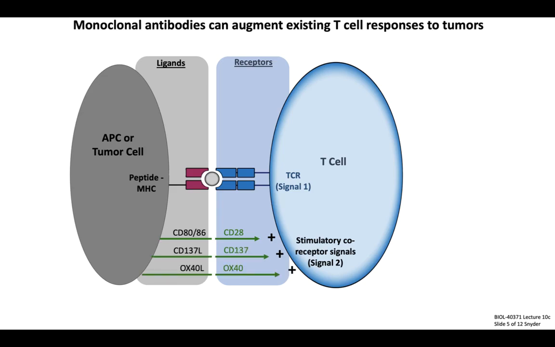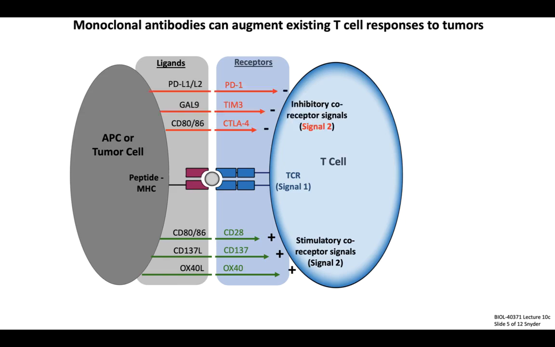We haven't covered some of these molecules yet in this course, but there are actually several other stimulatory receptors besides CD28 that can help activate T cells. These include CD137 and OX40, which can bind to their corresponding ligands that are expressed by APC. Back in week 8 of this course, we learned that there are also a number of receptors expressed by T cells that can relay an inactivating form of signal 2.